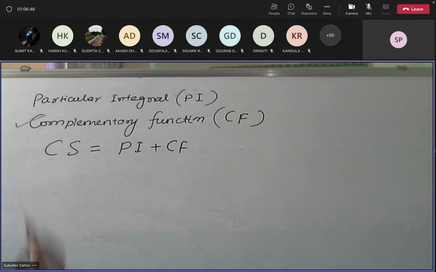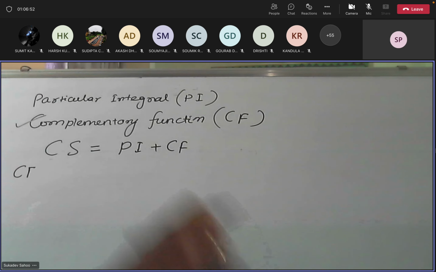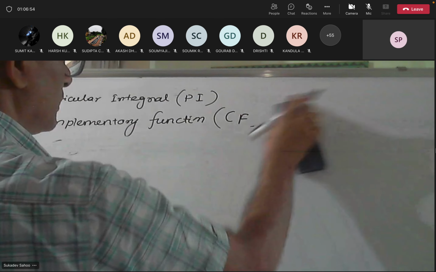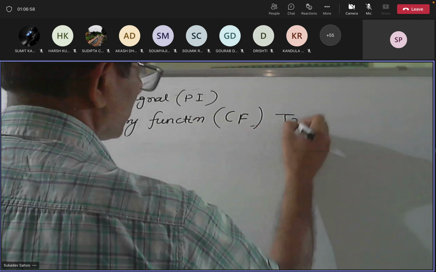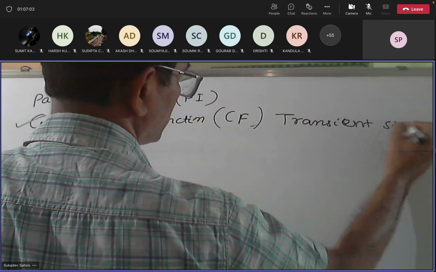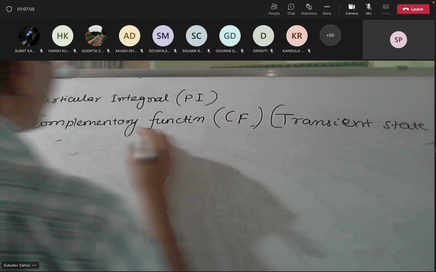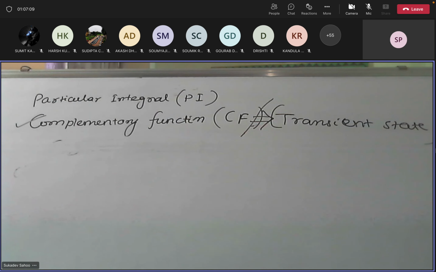First we will try to find the complementary function. The complementary function will be obtained from the transient state.